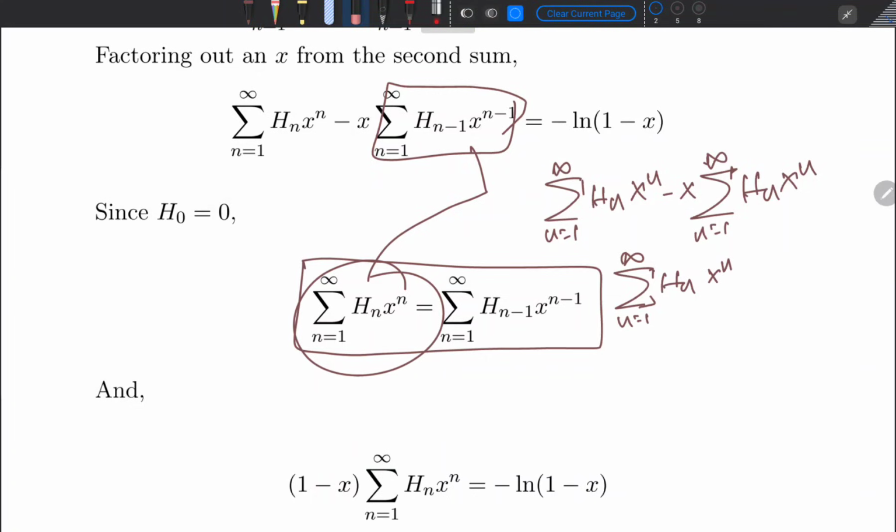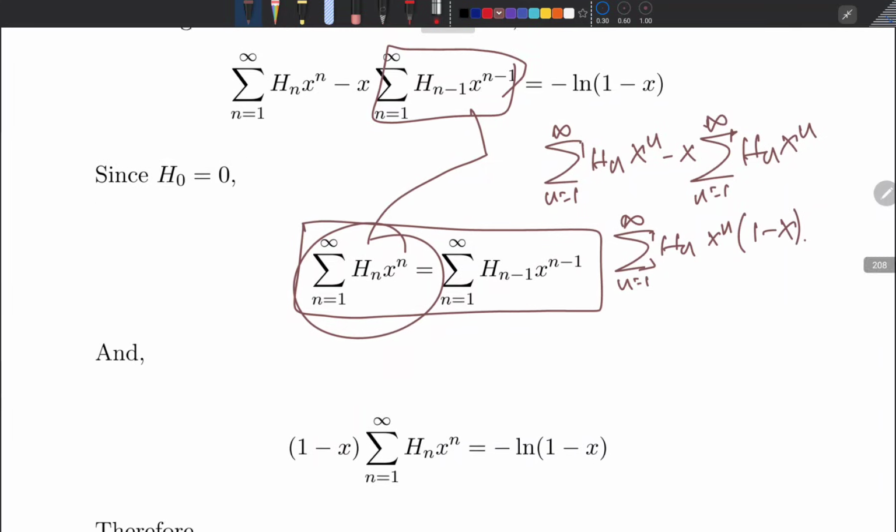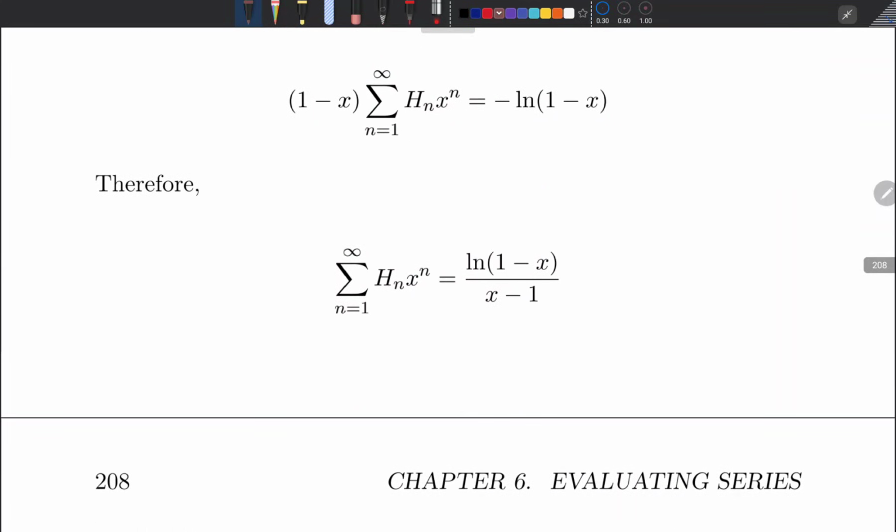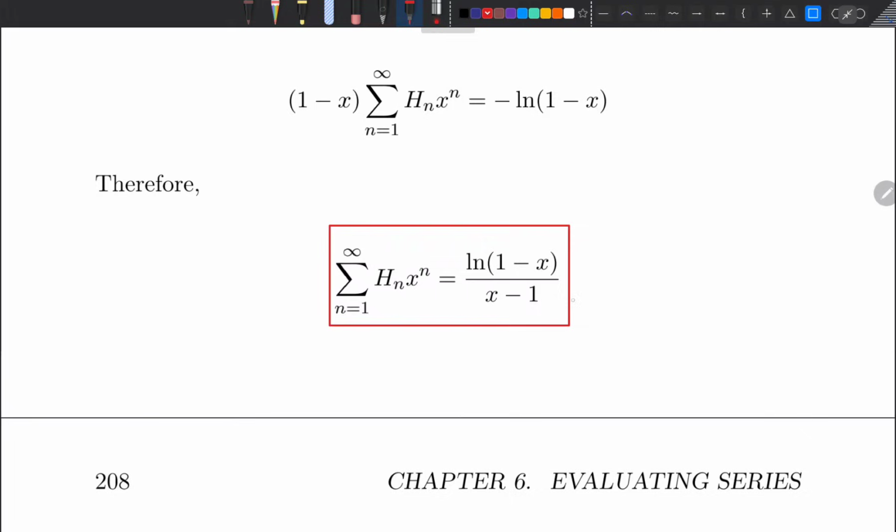So that's how we get 1 minus x, and we can divide both sides by that in order to get this final result. So that's pretty amazing. That's amazingly amazing.